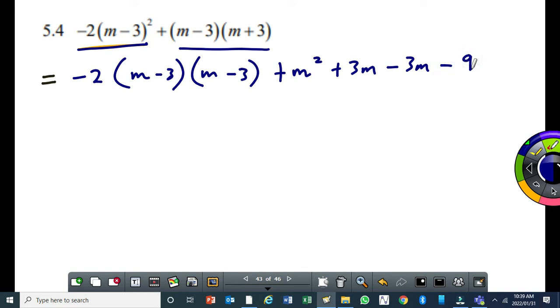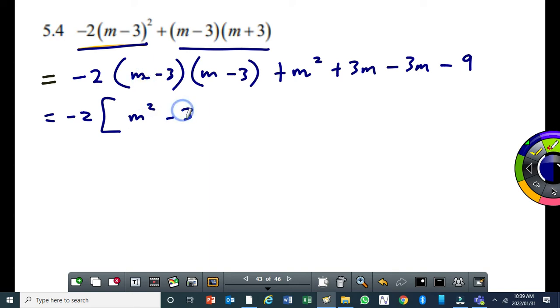Okay? So you must have those 4 terms. Right? Then to simplify here, there is more than one way of doing it, but I'm going to teach you like this. First, find the product of the binomials. So this becomes negative 2, square bracket, m times m, that's m squared.